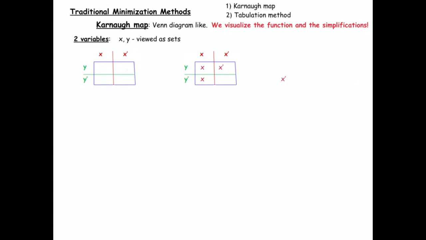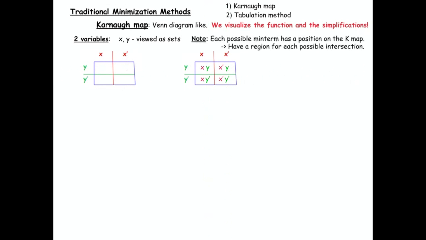Okay, well, this shows what I just said, right? The intersections, or you can think of them as products. So just a picture of what I just said. Each possible minterm has a position on the K-map, right? We have a region for each possible intersection.